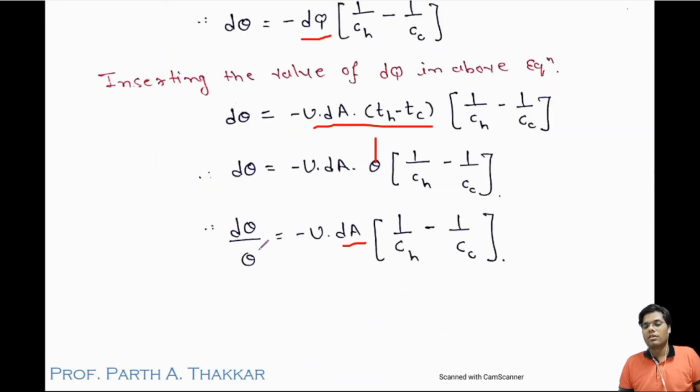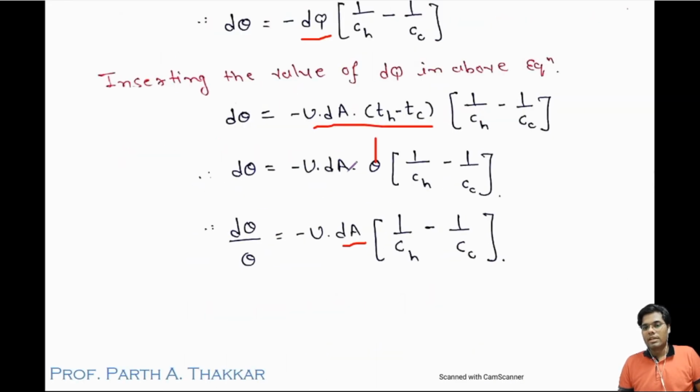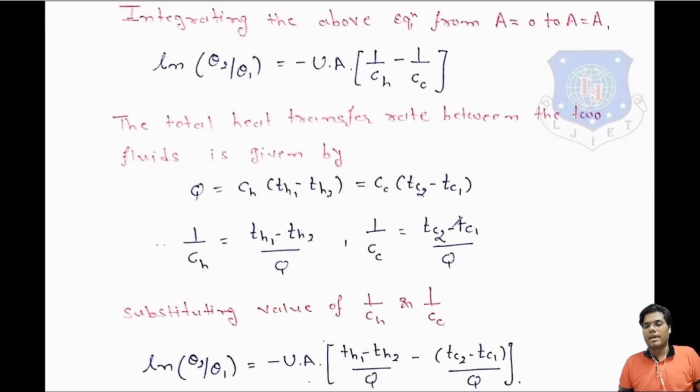Integration of 1 upon theta will give ln theta, with upper limit 2 and lower limit 1, so ln theta 2 minus ln theta 1, which gives ln theta 2 by theta 1. Here we will get minus UA (1 upon Ch minus 1 upon Cc), same as the parallel flow heat exchanger.